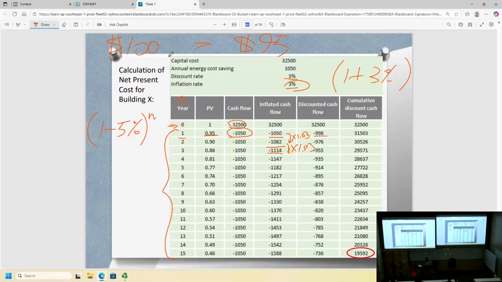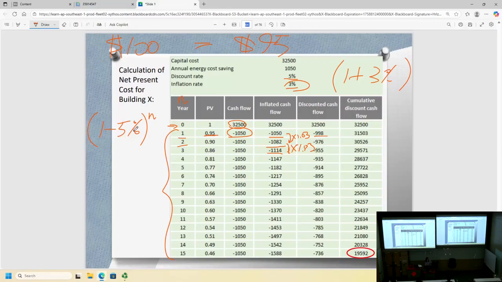So by applying this present value, it means that saving $1,050 now is the same as saving $998 1 year later. And then 2 years later, this power is 2.